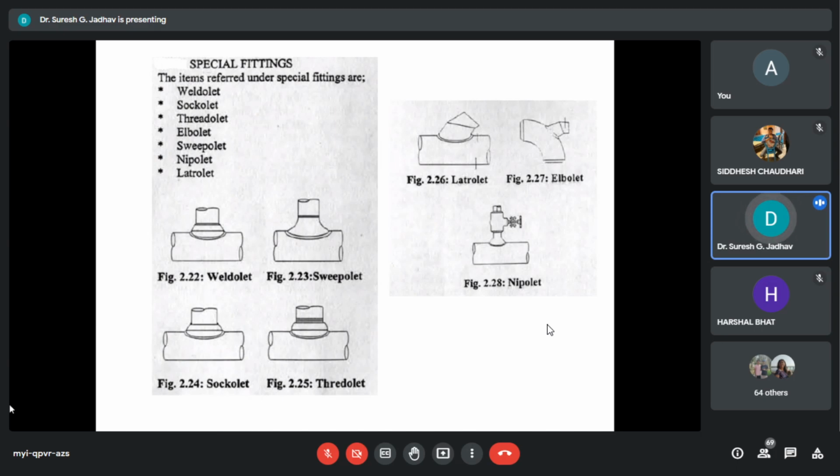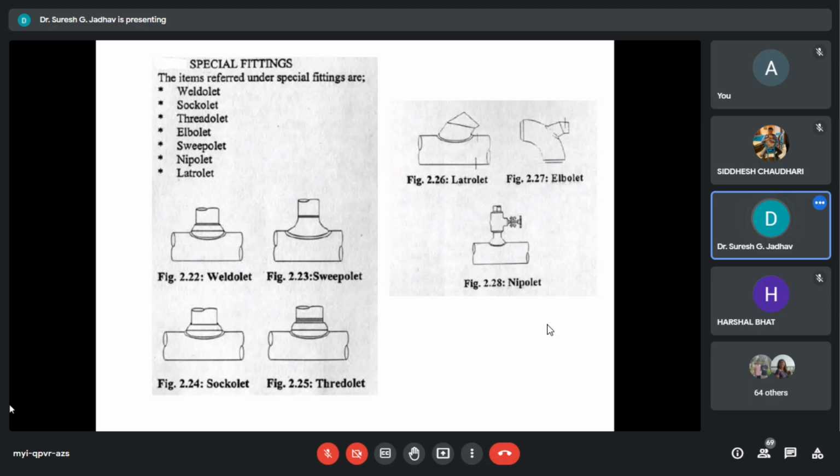When a certain angle is required in the piping system and standard T is not available, then we can use a latrolet. And nipolet is used for branch connection for different pipes and to fix the wall. For this purpose, we can use the nipolets.